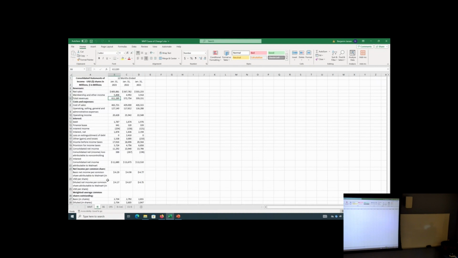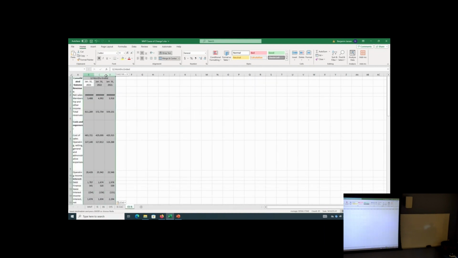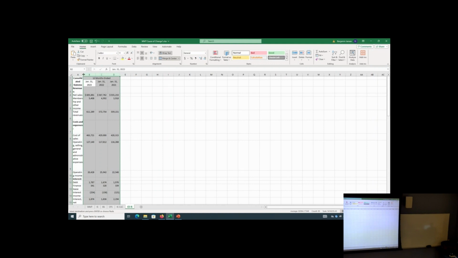All right, so we're going to start with our common size income statement. So we'll just copy over all of our information, get this reformatted to look nice.